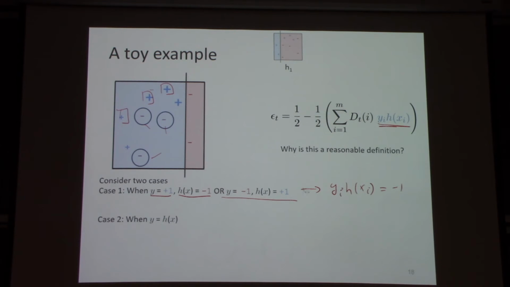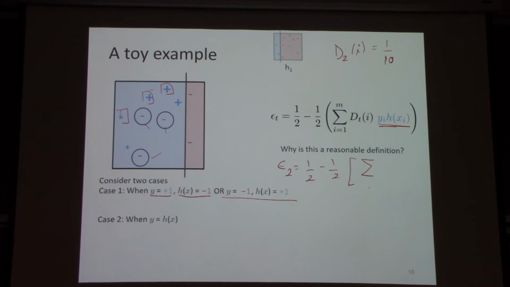So, let's apply this expression here. The error at time step 2, the second classifier, is half minus half times the sum over examples. Let's pretend that all the examples are equally important for now, just to make this easier. If all examples are equally important, then d2 of i for all examples is 1/10. There are 10 examples, all of them equally important.